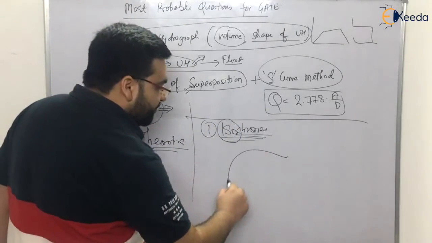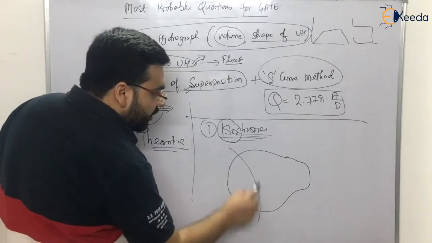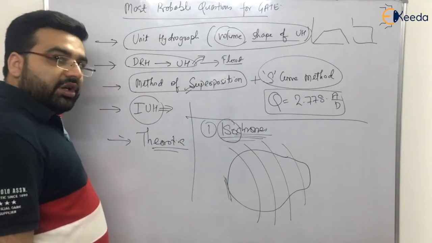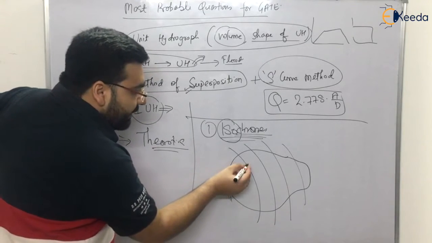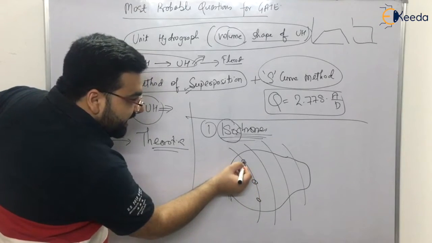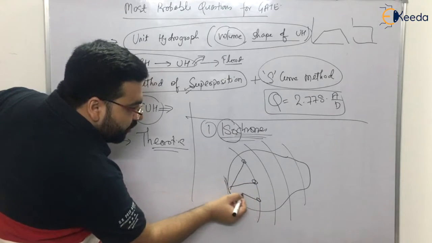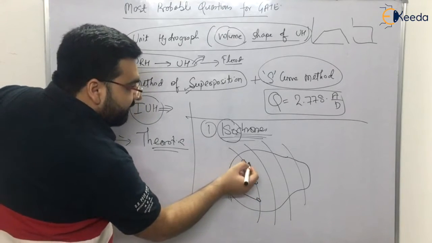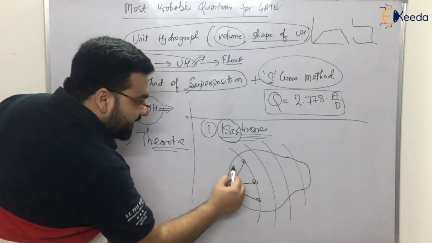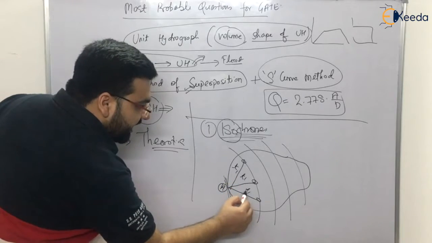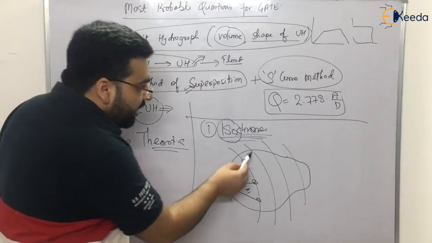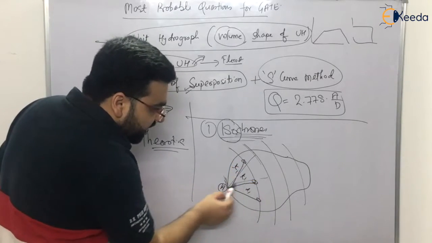For example, let us say you have a catchment area. These are your isochrones, and this is the recording station, A. Isochrones are those lines such that whether rain falls at this point, or this point, or this point in the catchment, it will take equal time, T1, T1, T1, to reach the gauging station at A. Similarly, for these it will take equal time, T2, T2, T2.